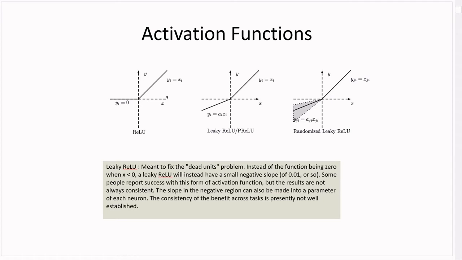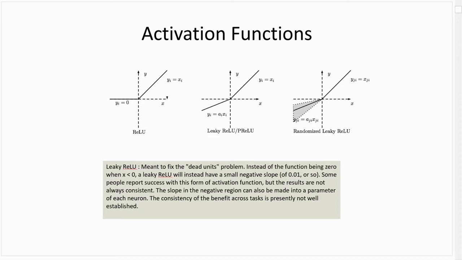There is a variation on ReLU, and that variation is known as the leaky ReLU. The basic idea behind this variation is to avoid the issue of dead units. So instead of the function being 0 for all negative values, what we have is a small negative slope, so that there is some movement, some activity there when the net value is negative.